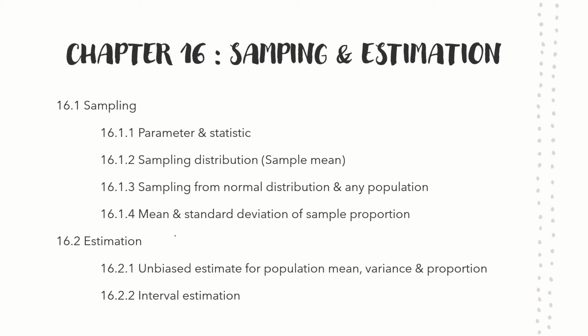What does unbiased mean? Bias means that there is an error, right? Unbiased means that the estimate does not have error.